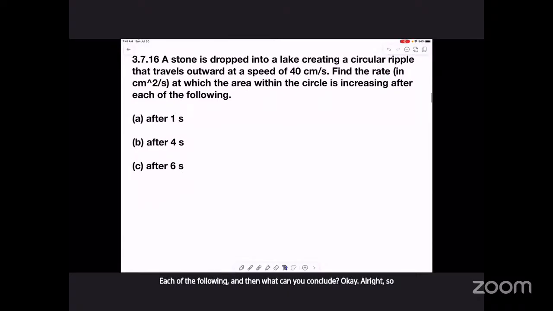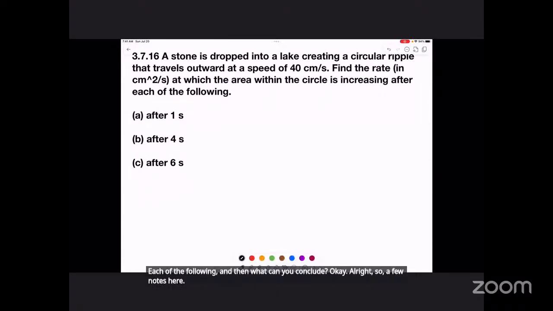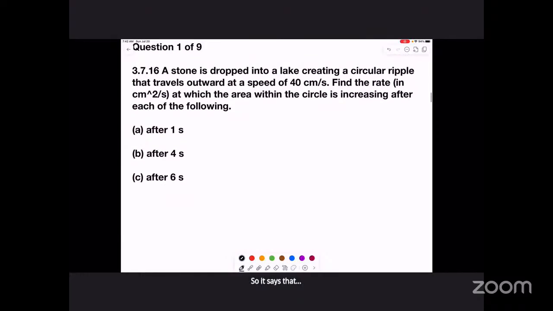So a few notes here. It says that it creates a circular ripple traveling outward at a speed of 40 centimeters per second. Let's start with the area of a circle, right? So the area of a circle is what? Pi r squared.